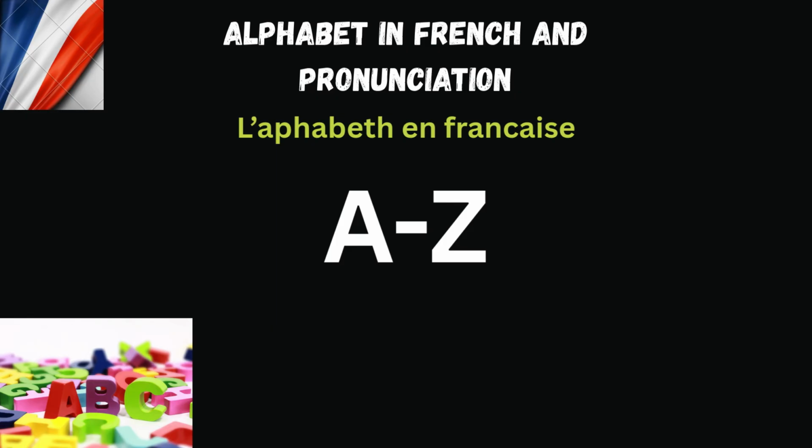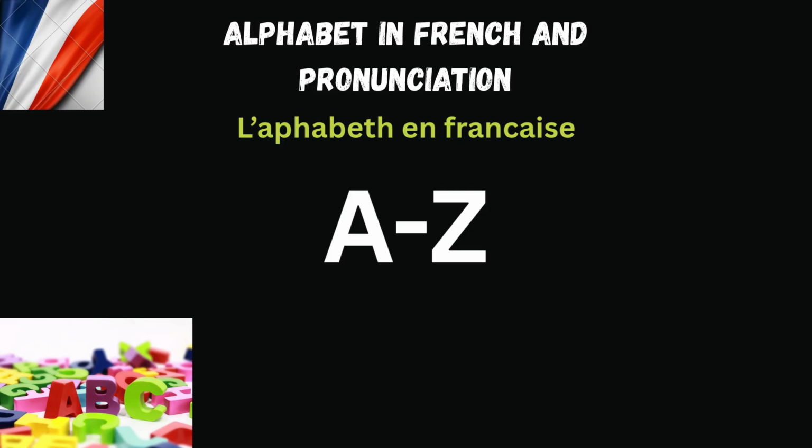Welcome to today's lessons. In today's video, we're going to be learning the alphabet in French, from A to Z. We're also going to look at the correct pronunciations for the alphabet in French and what each letter stands for.